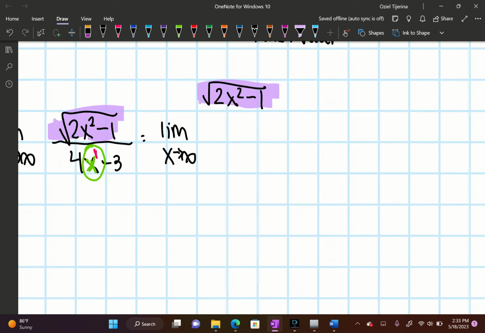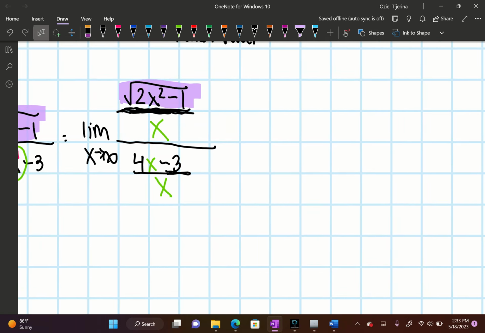If my hand is shaking, guys, I do apologize. It is really difficult to write on this thing. And then all over, the bottom is 4x minus 3, all over x.